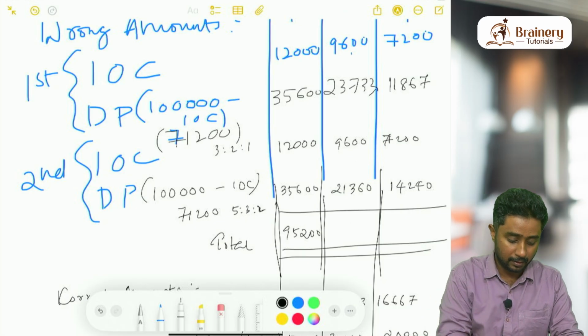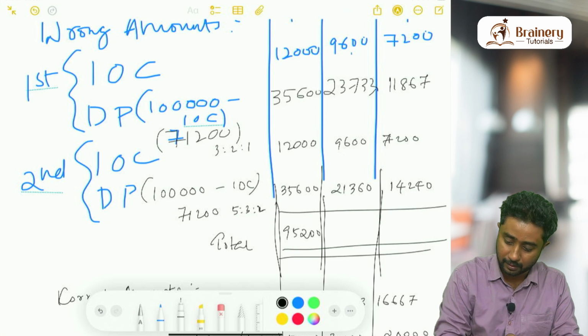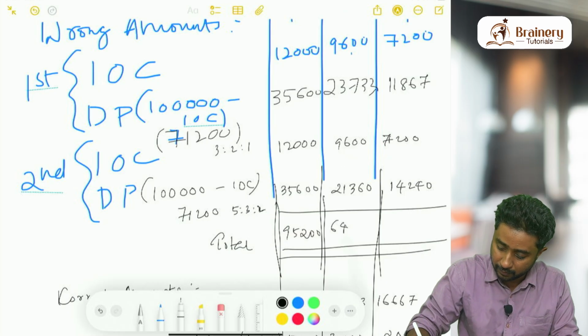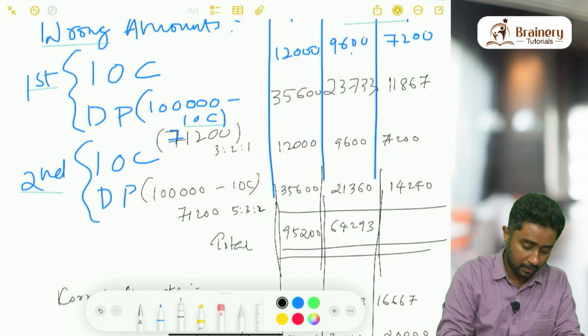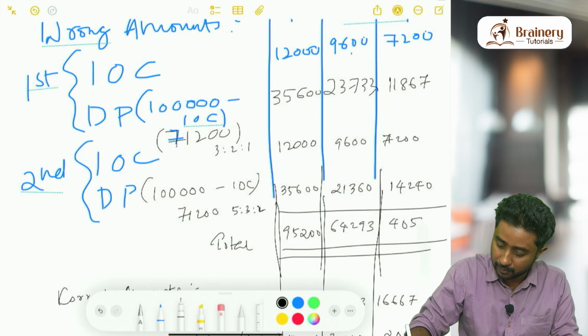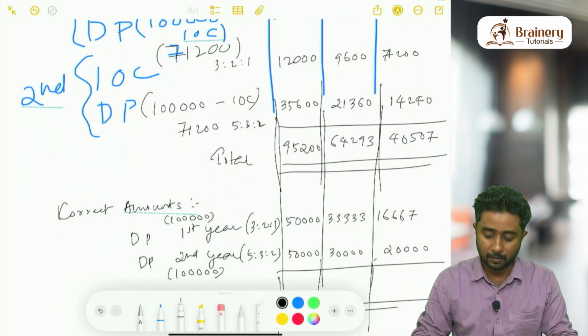Next person: 9,600 plus 23,733 plus 9,600 plus 21,360, that is 64,293. Then 7,200, 11,867 plus 7,200 plus 14,240, that is 40,507. These are the totals of the wrong amounts.